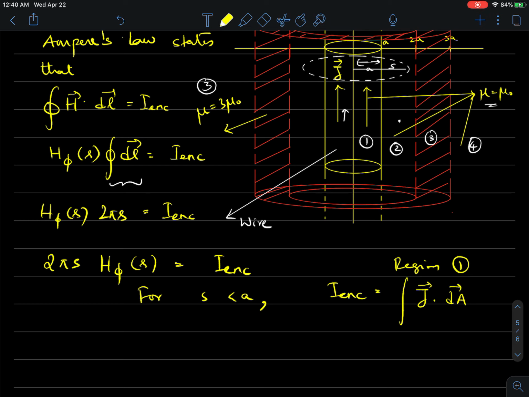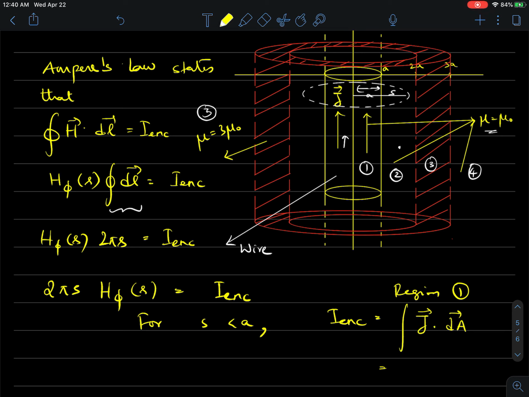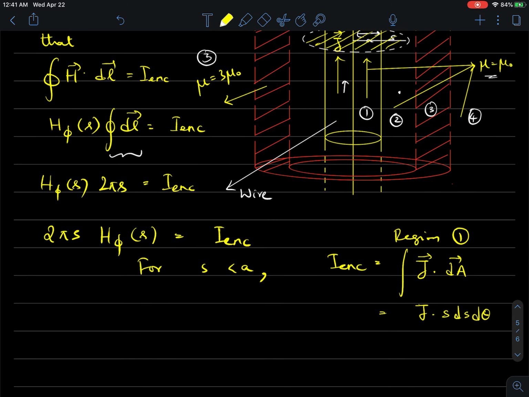The area element is s ds d theta, with direction z cap because it's the outward normal.